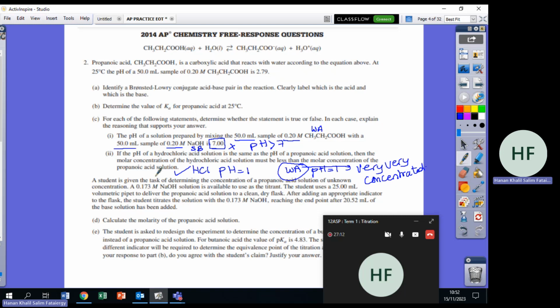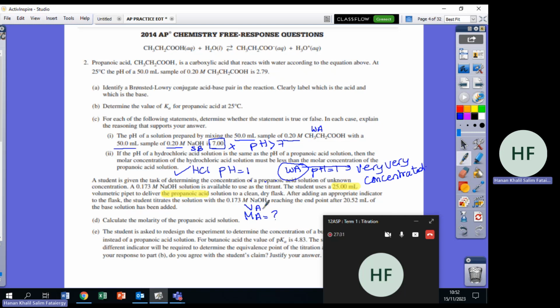Now, a student is given the task of determining the concentration of propanoic acid. What does concentration of propanoic acid mean? It means the molarity of the acid. The student uses 250 milliliters to deliver the acid. So I will say V acid.